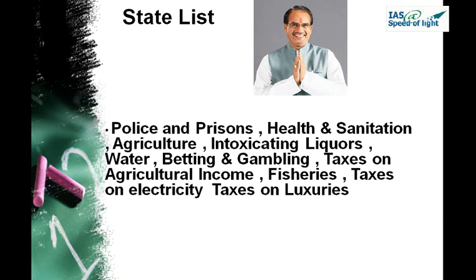Water. This includes water supplies, irrigation, canals, drainage, water storage, water power. Right, so you can see Shivraj Singh Chauhan swimming in the water and suddenly he drowned. That is how you can relate it with water. Betting and gambling, right?